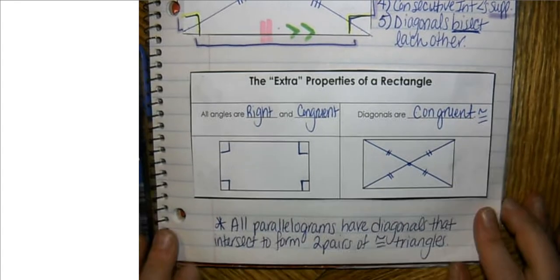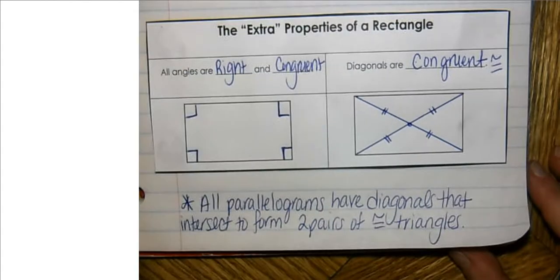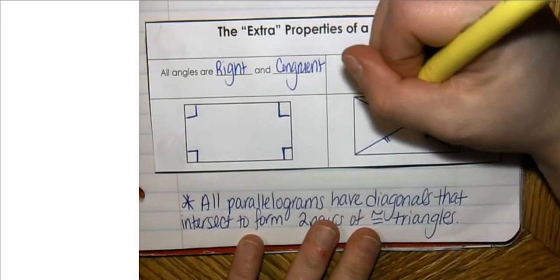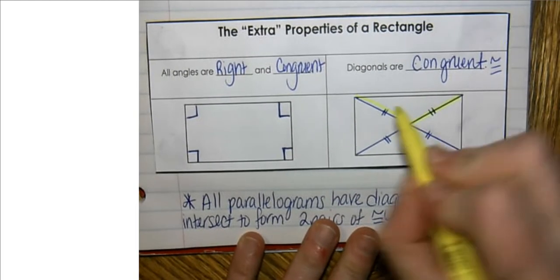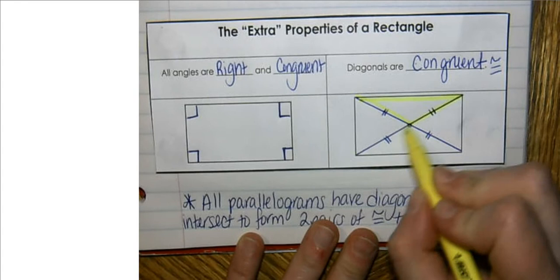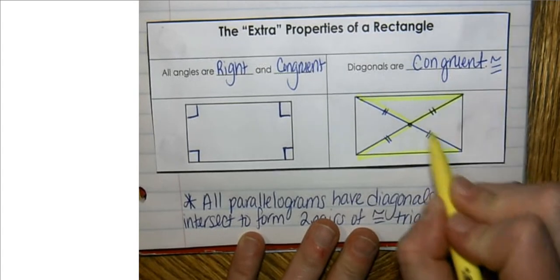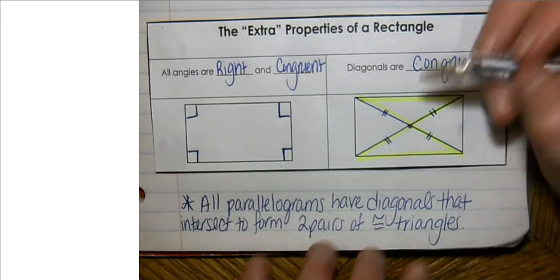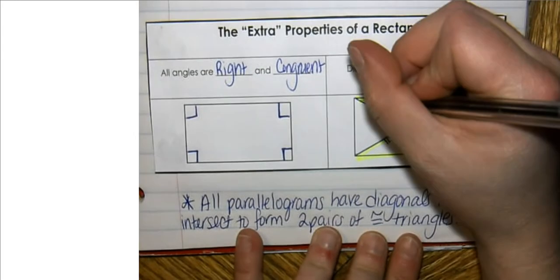This is an extra little property that will help you if you are trying to identify information. Like these two triangles right here are congruent to each other. More specifically, in a rectangle, these two triangles are isosceles triangles.